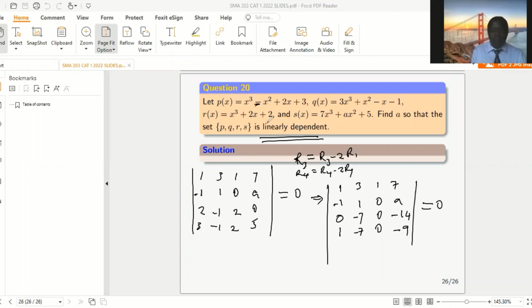So now having this, I now want to get determinants along this column, plus, minus, plus. Let me find the determinant along that column and equate it to 0.